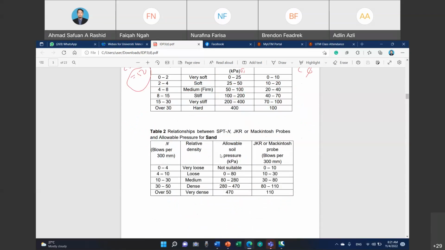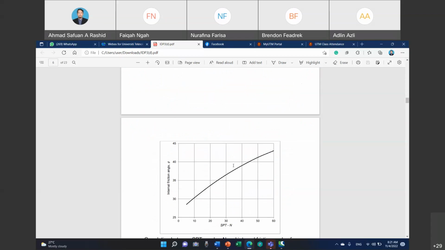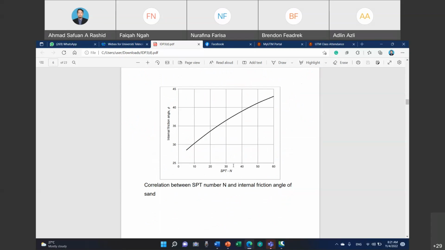So if it's dominant as a sand layer, you can convert from the N value and get what will be the allowable soil pressure, or you can do some conversion to get the value for the internal friction angle.